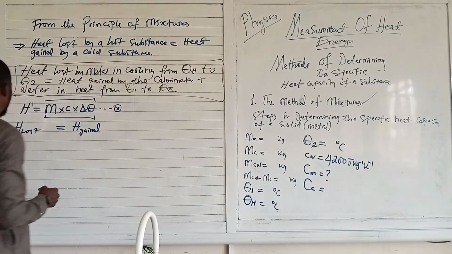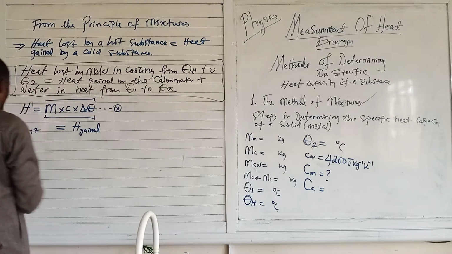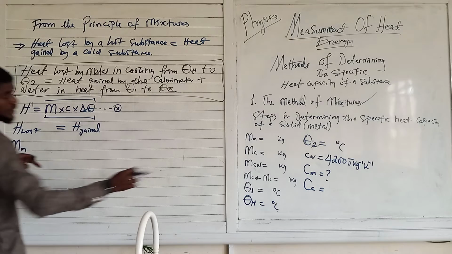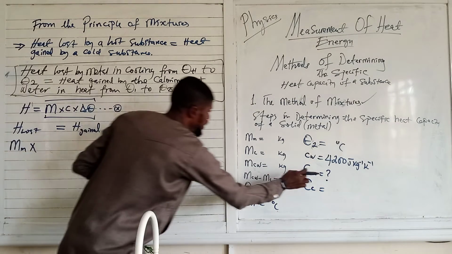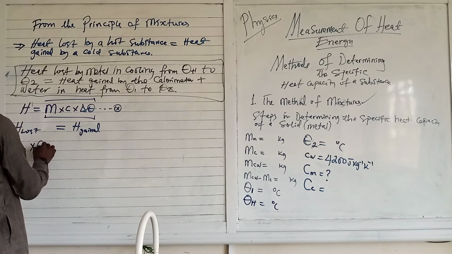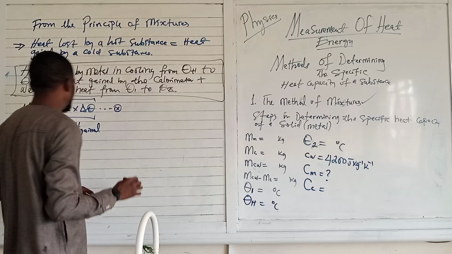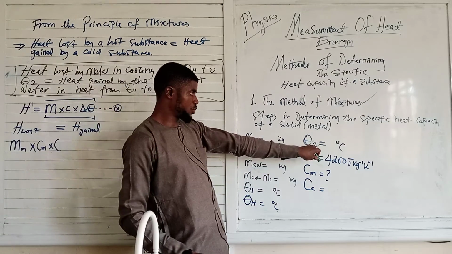So we write, the heat lost by the metal is given as follows. We write mass of metal times specific heat capacity of metal, that is Cm, times change in temperature. The change in temperature becomes theta hot minus theta 2.